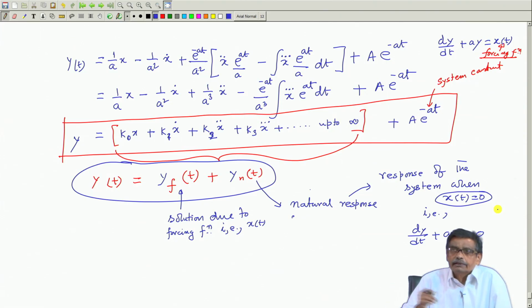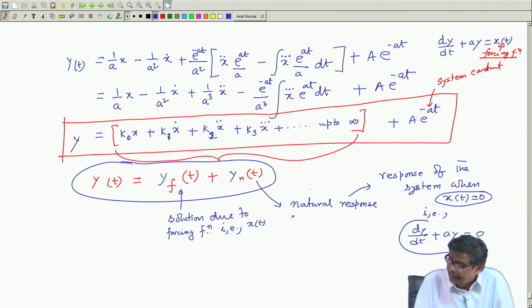Or in a physical mechanical system, say a mass spring system, if mass is present, even without any excitation, there may be movement because of initial kinetic energy of the mass, although the external force applied is 0. So, mind you, this is the thing.